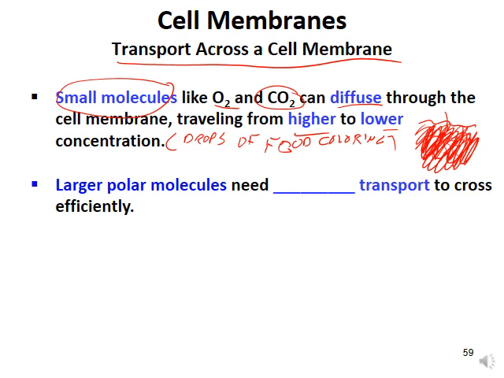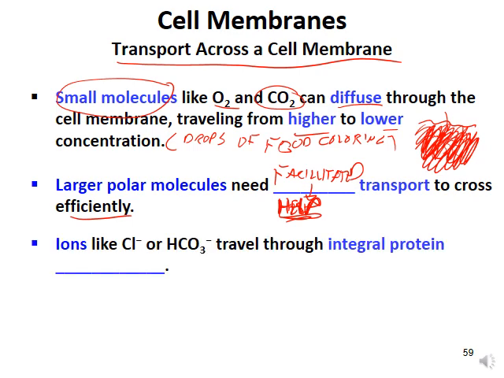Now, larger polar molecules need facilitated transport to cross efficiently. In other words, you got to help it. Needs help. Oxygen and carbon dioxide, they can just go anytime they want, but we got to make this happen for larger polar molecules.